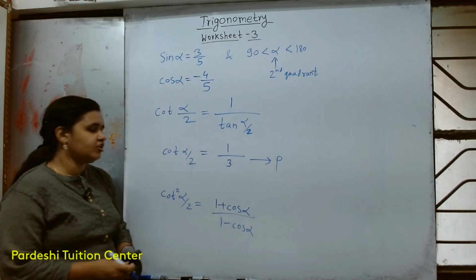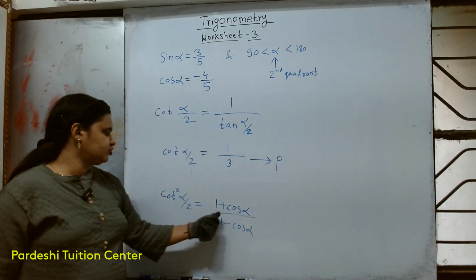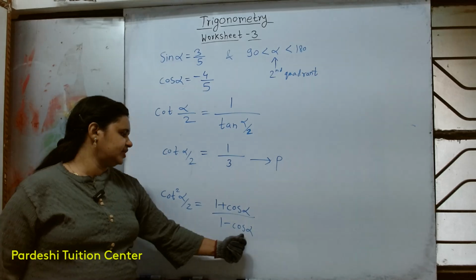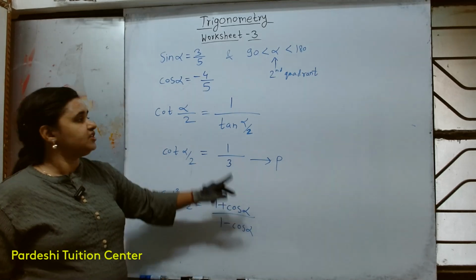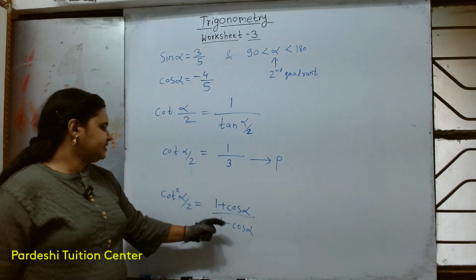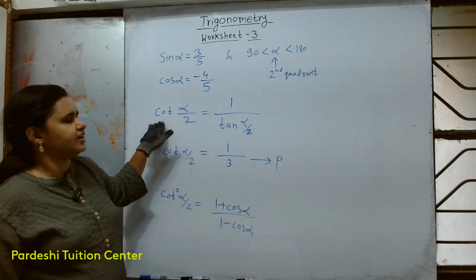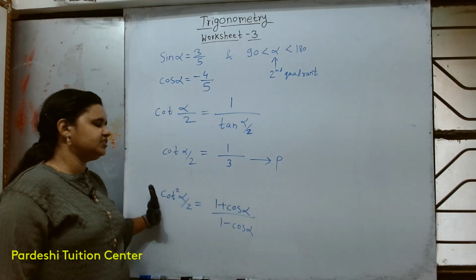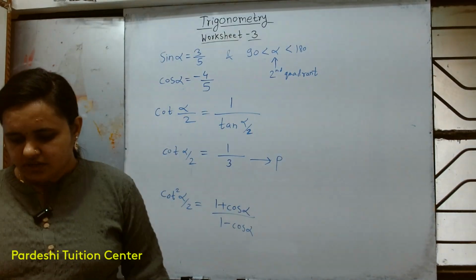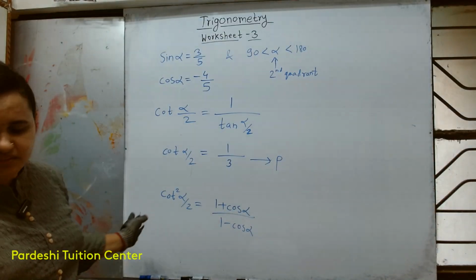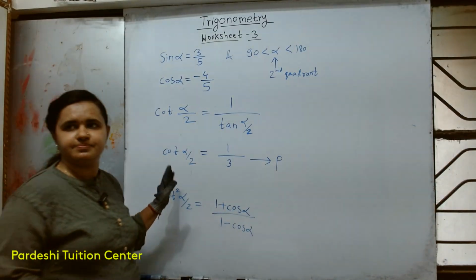You can also solve by this formula, cot square alpha by 2 equals (1 plus cos alpha) upon (1 minus cos alpha). You can just put in the value of cos alpha and calculate. You can solve by this method also. Now cot alpha by 2 we have got as 1 by 3.